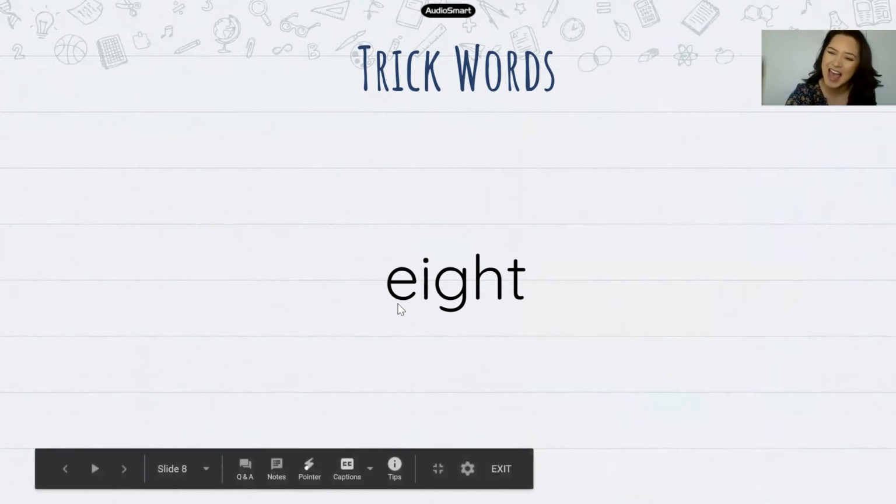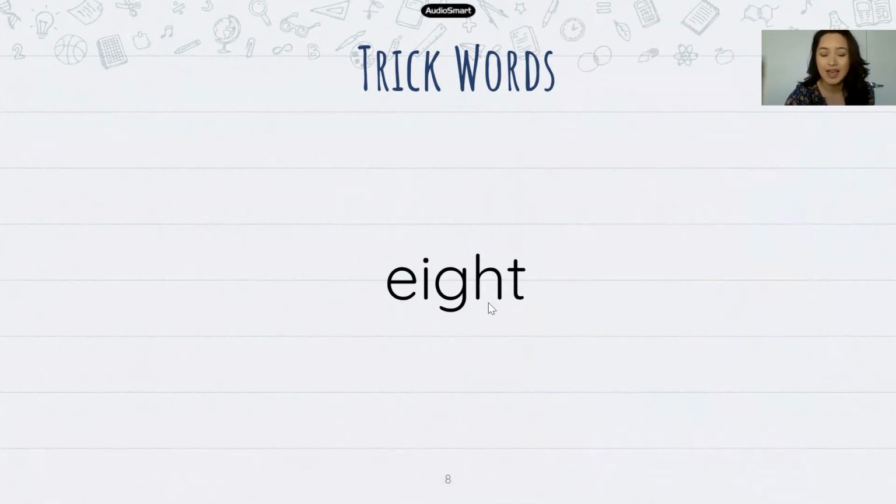E usually says eh, I says i, G says g, H says h. Whoa, if that was spelled the way it sounds, it would say eggt. That's not right. That's why this is a trick word, because you have to remember what it is just by looking at it, okay? Eight.